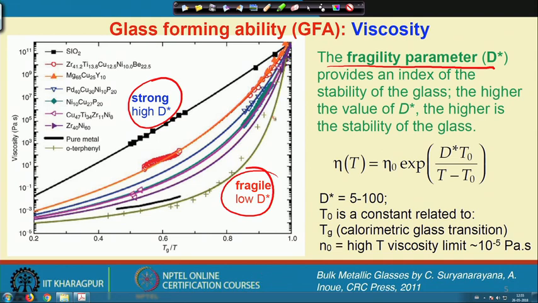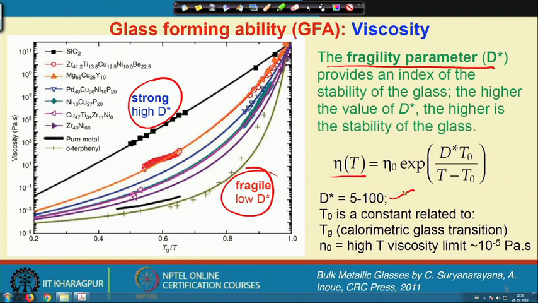You see that we are measuring the viscosity of the supercooled liquid, and we are describing the stability of the glass, which really happens below the glass transition temperature. We transform from the supercooled liquid to a glass. So, these two are very much interlinked, and the D star usually has a value of 5 to 100.